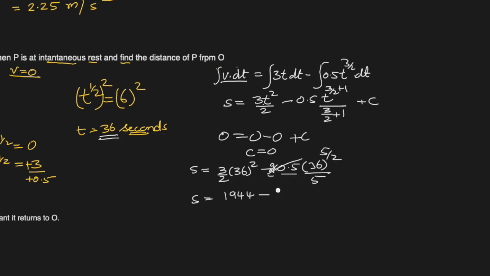This one will be 1555.2, which is 388.8 meters, and you can round it off to 389 meters. So it is on the positive side only, not the negative side as I assumed. So that's the distance of P at t equal to 36 from O.